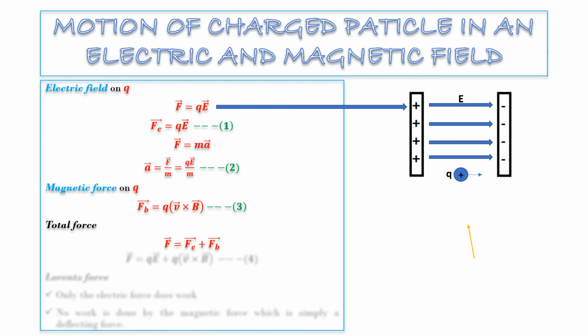Now we can write the total force acting on the system, a combination of electric and magnetic force. F vector equal to Fe vector plus Fb vector, that is the electric force plus the magnetic force. So we get F vector equal to QE vector plus Q into V vector cross B vector.